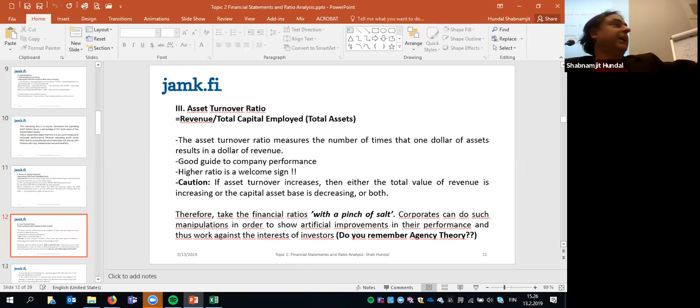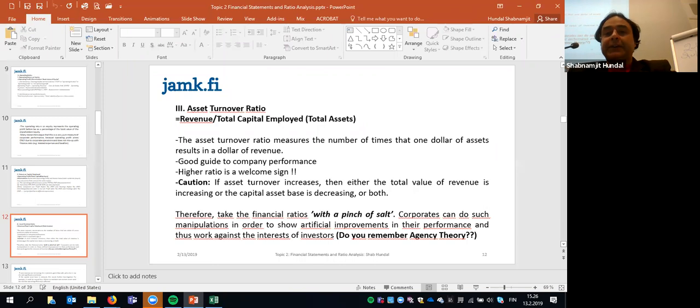And then they are highlighting, propagating, advertising in all the financial media, in all the interviews: look at our asset turnover ratio. We have made an improvement, whereas the company's performance has gone down.